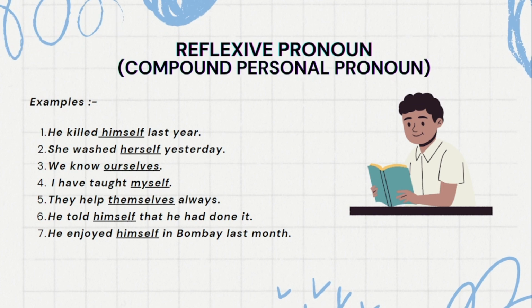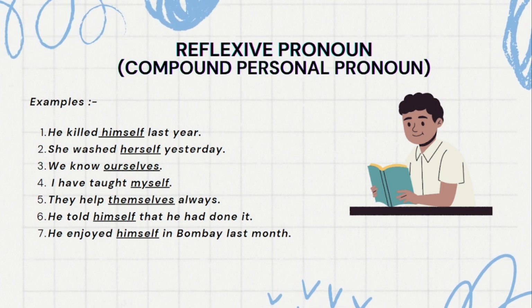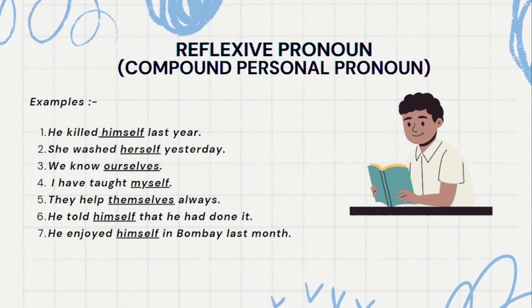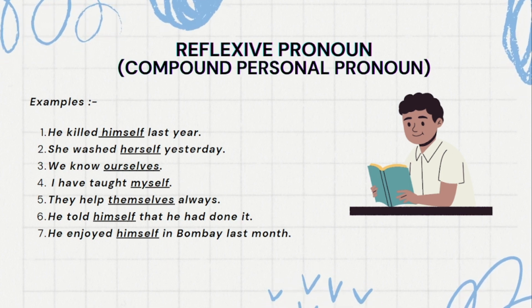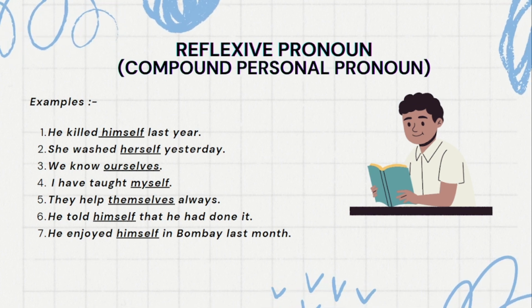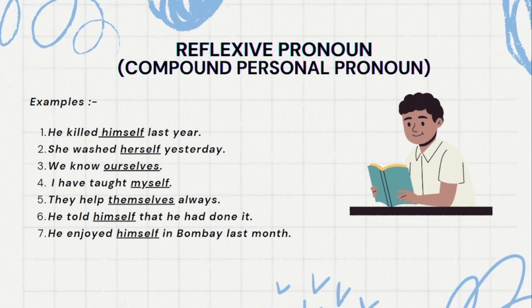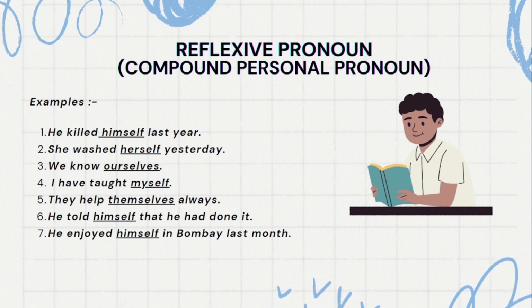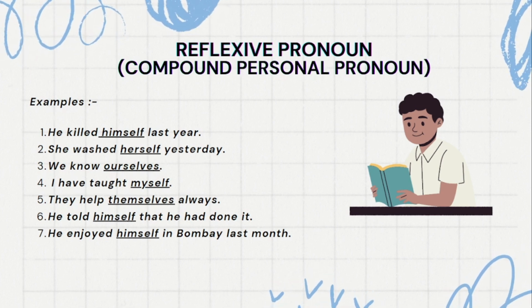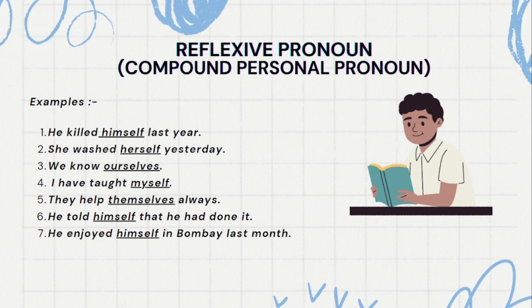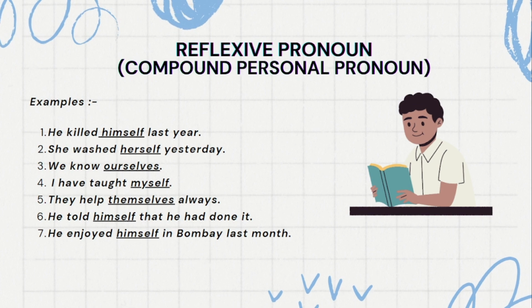Here, subject and object both are the same person. Observe it. Here, the word themselves turns the action of the verb help falls upon the subject they. That is why themselves is called as reflexive pronoun. Reflect. Observe it.